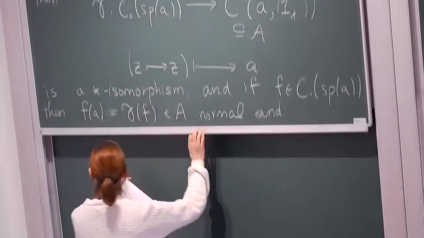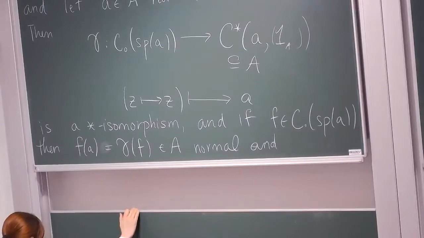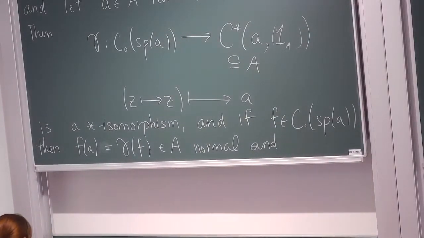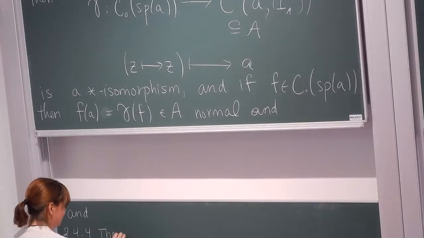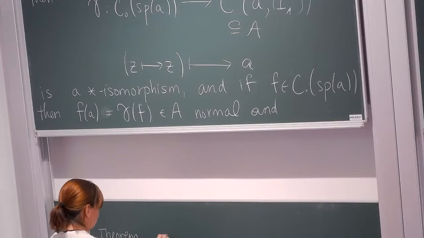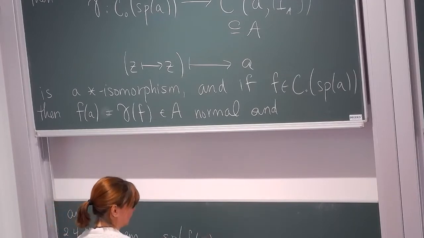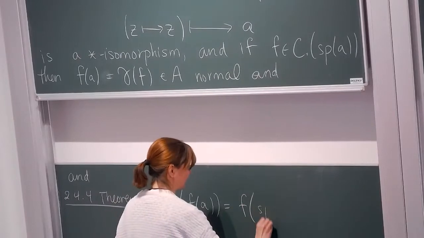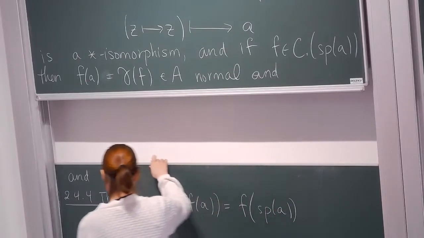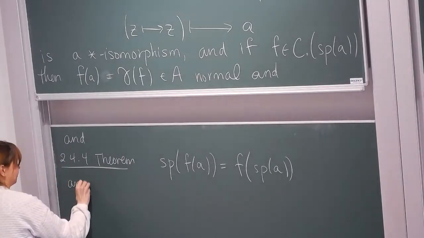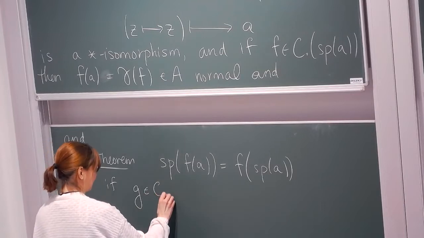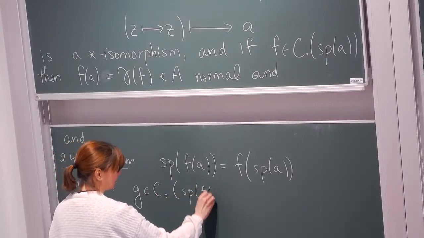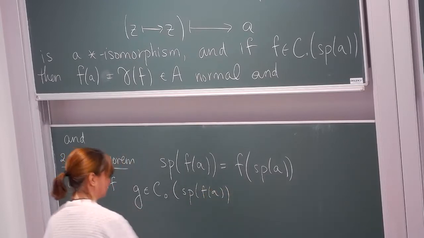And we have this spectral mapping property again. I guess that was actually a separate theorem, so let me just recall the numbering. The spectrum of f of A is the same as f of the spectrum of A. And if we have some continuous function G on the spectrum of f of A now, things compose exactly how we want them.